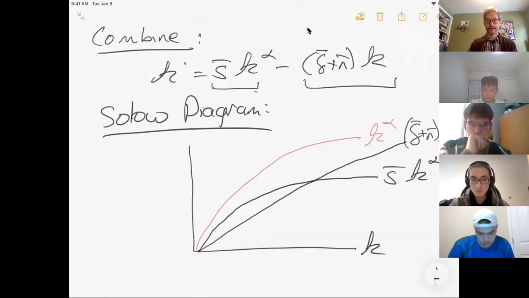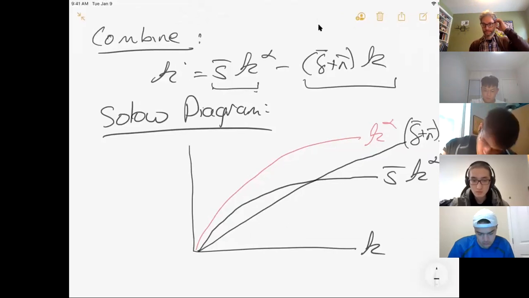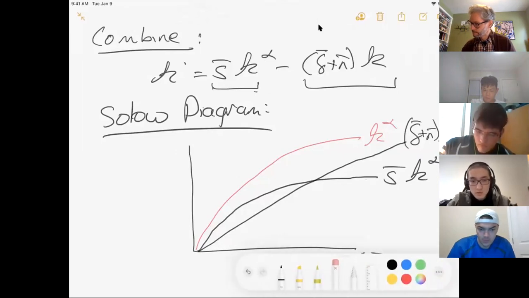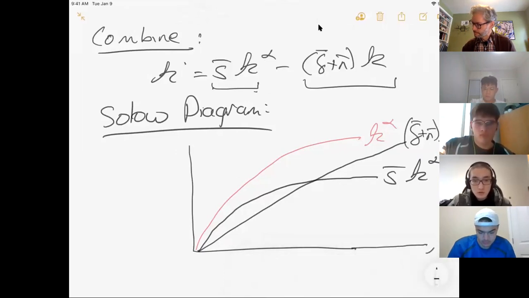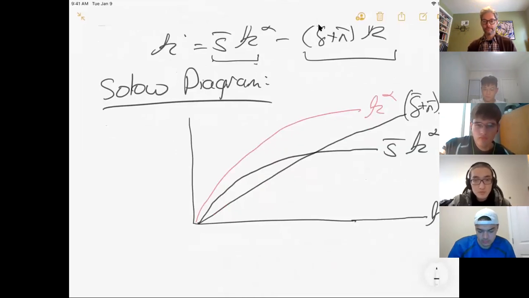That's just a straight line. Okay, so this equation can be really represented in this graph.